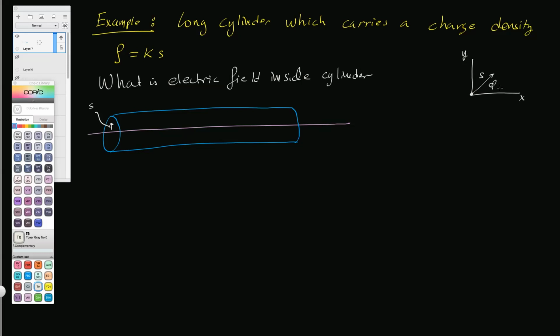Now, if we want a Gaussian surface to use to get E, what kind of surface should I use? What shape? Cylinder, yeah. If you try to use a sphere, is that going to work? No. Try to use a square or a cube.